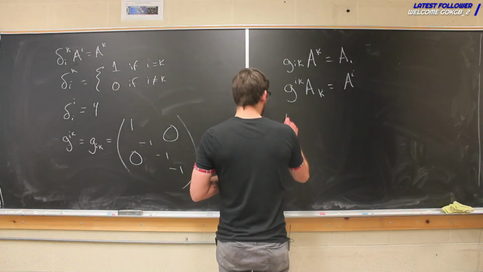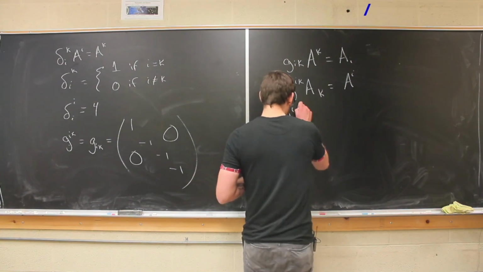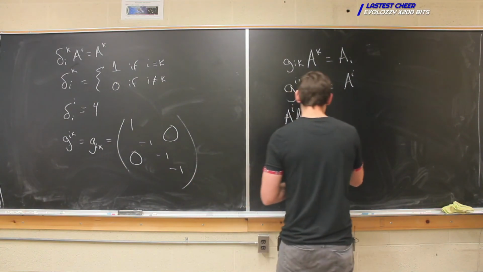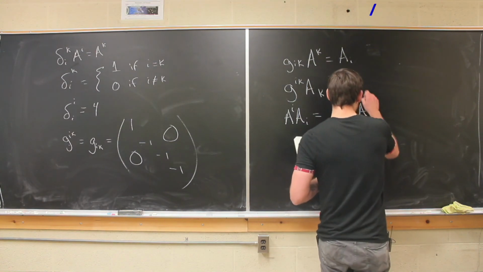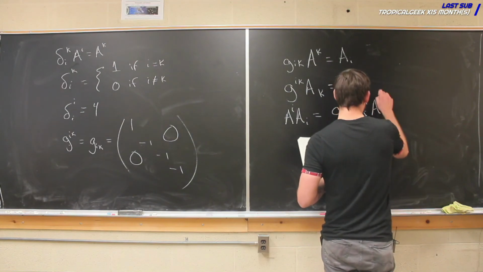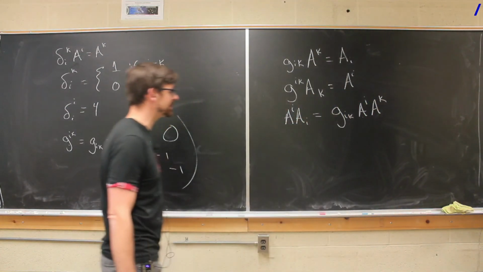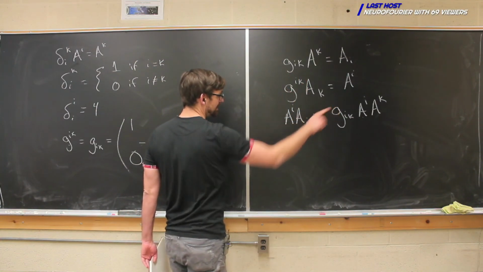So the scalar product, if we want to write A^i A_i, we can write that in terms of our metric tensor, g_ik A^i A^k, right? If we replace this A_i with this term, then we get them both upstairs.